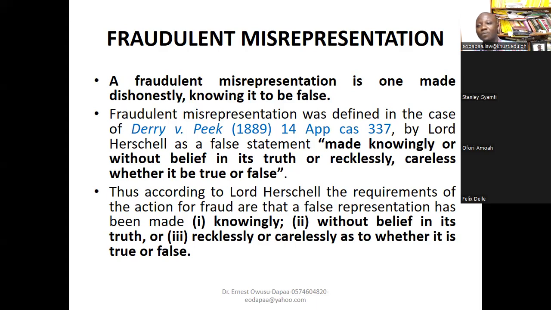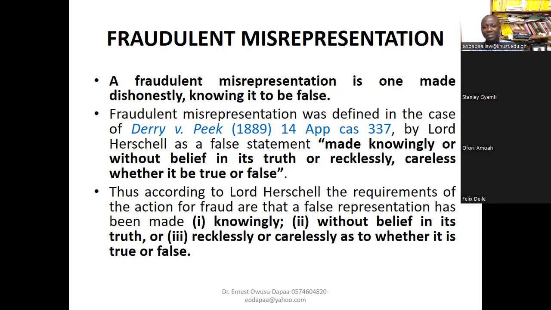So if you want to find out whether someone has made a fraudulent misrepresentation, we have to be guided by the test propounded by Lord Herschell in Derry and Peek, which you've just quoted.